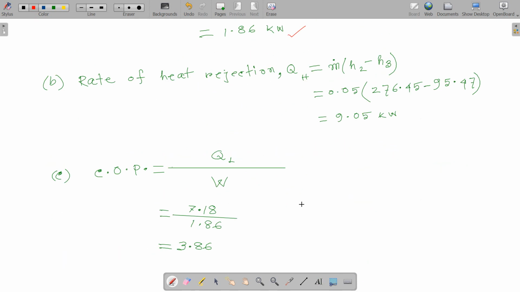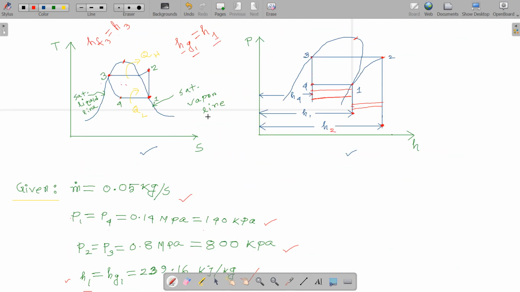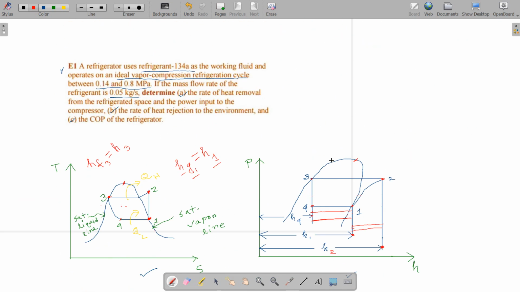So now the rate of heat rejection. Where does heat rejection take place? Heat rejection takes place in the condenser. So here it is point 2. Heat rejection occurs between point 2 and point 3. Which distance will represent heat rejection? This distance will represent heat rejection. How can we find this distance?